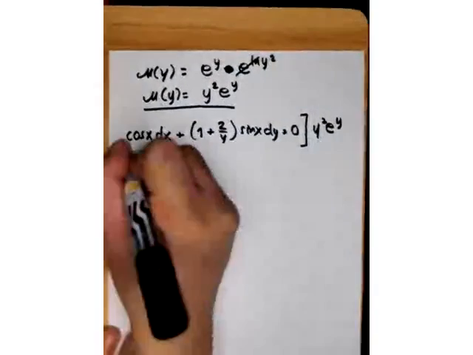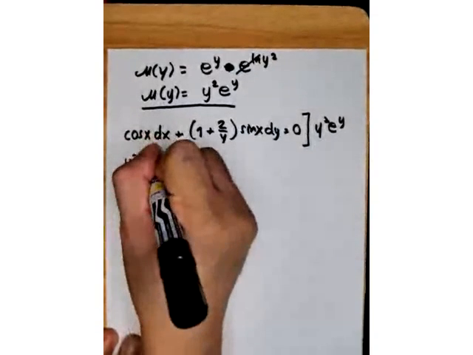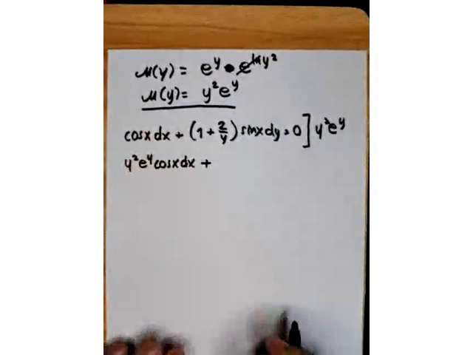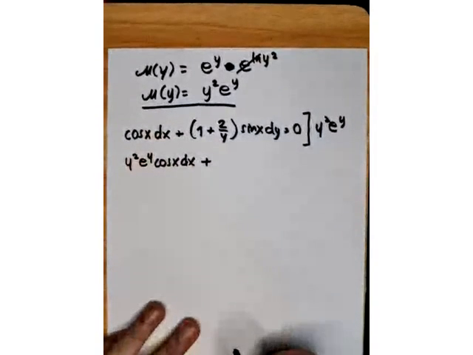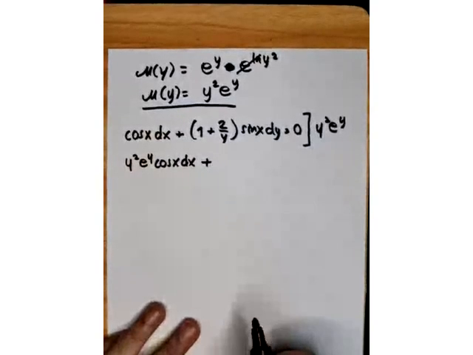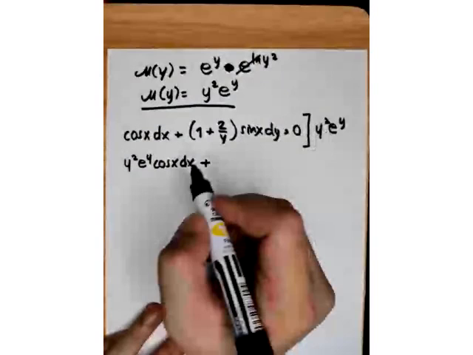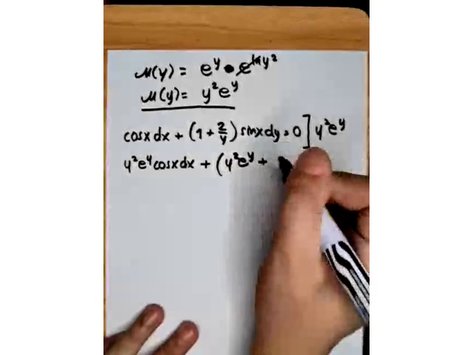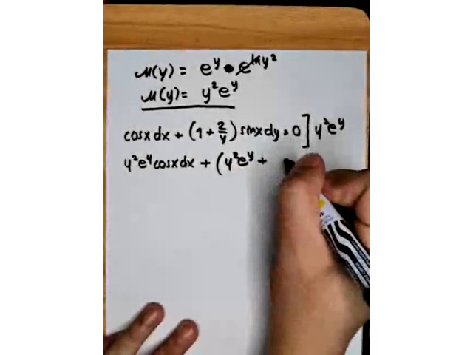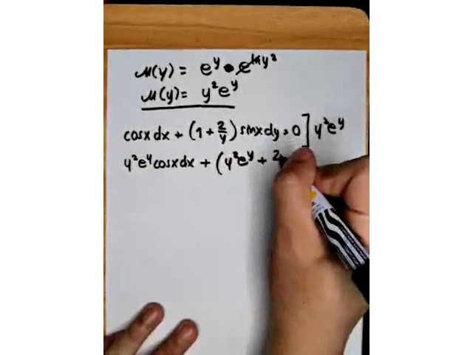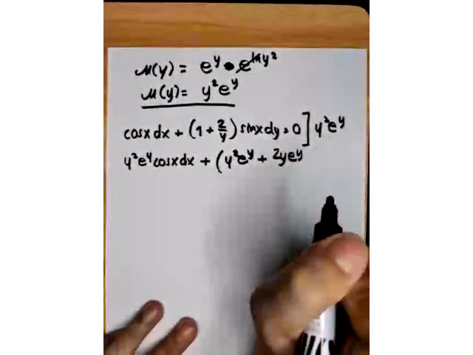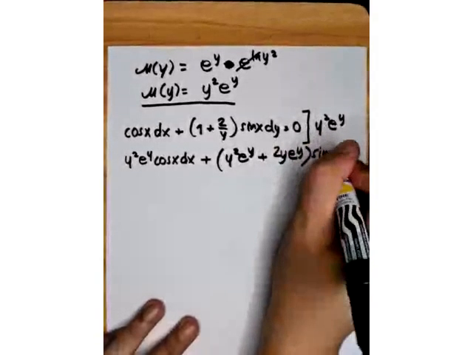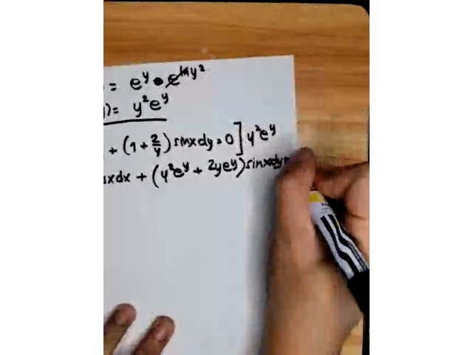So that will be y squared e raised to y cosine x dx plus distribute ko lang ito dito. Quantity y squared e raised to y plus 2y e raised to y. Tama ba? Kakancel yung isang y. Ayan. Times sin x dy is equal to 0.